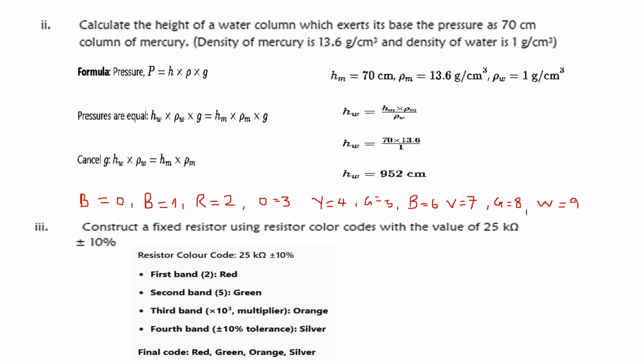The easier way to remember this is to use a mnemonic device. Bad boys race our young girls, but Violet generally wins.